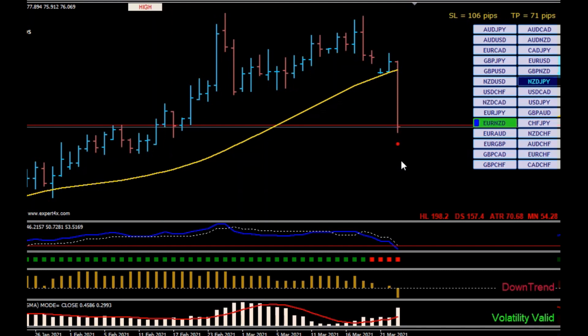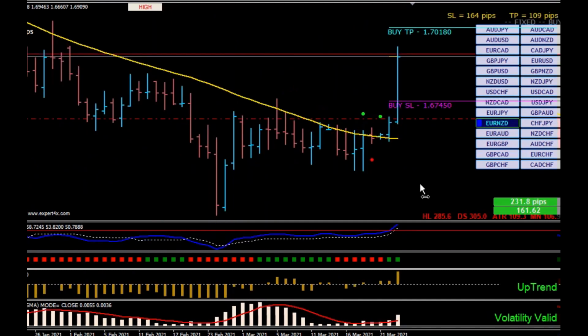But I also want to show you one that I took yesterday, and that is this EURJPY. Did you guys happen to see this? Okay, this was a fresh signal yesterday. You can see that it was an uptrend. We did have volume. We had that QQE crossing, and we were on the right side of the baseline.